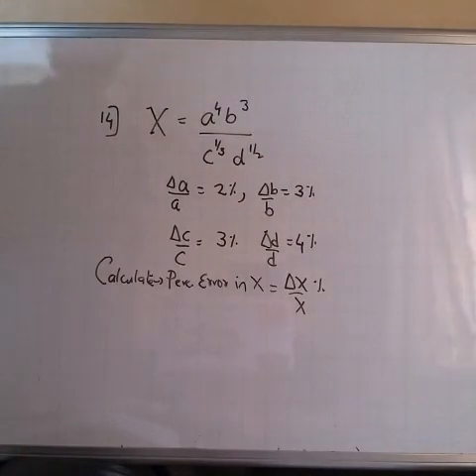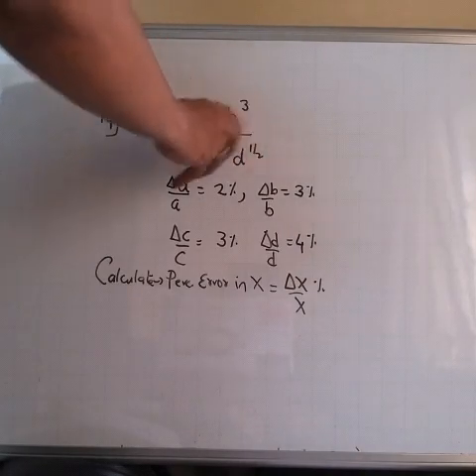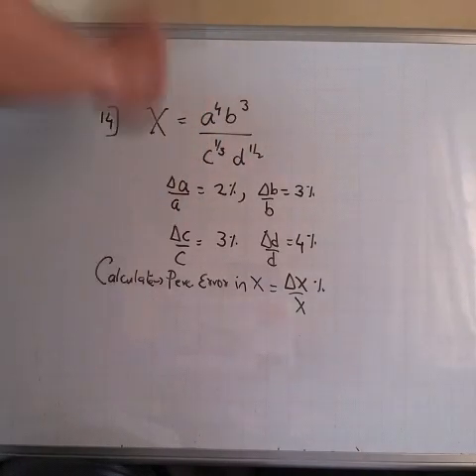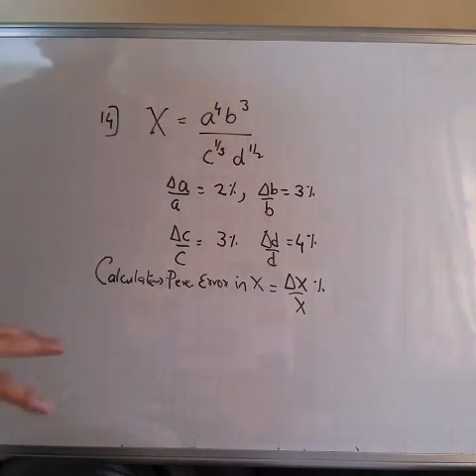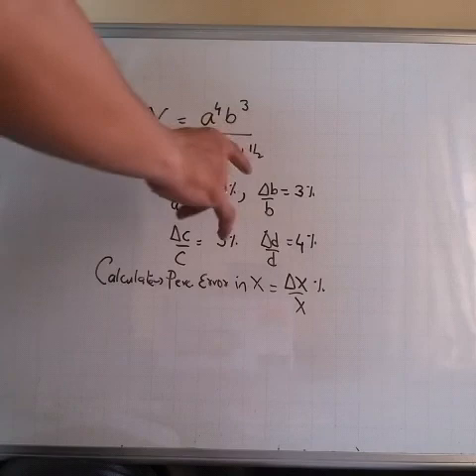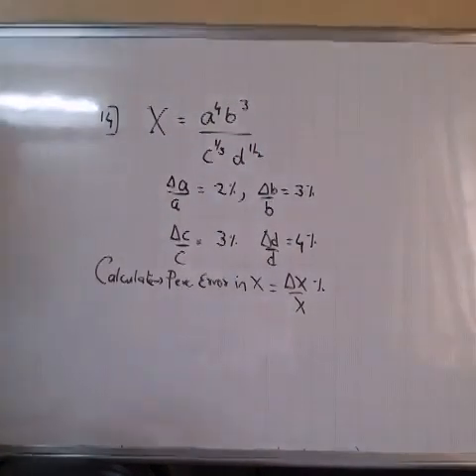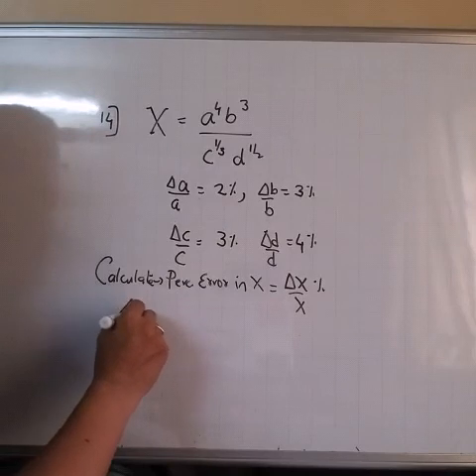Look at this formula. When you take delta x upon x, this equation will become 4 times delta a upon a plus 3 times delta b upon b plus 1 by 3 times delta c upon c plus half times delta d upon d. Be careful and understand this.